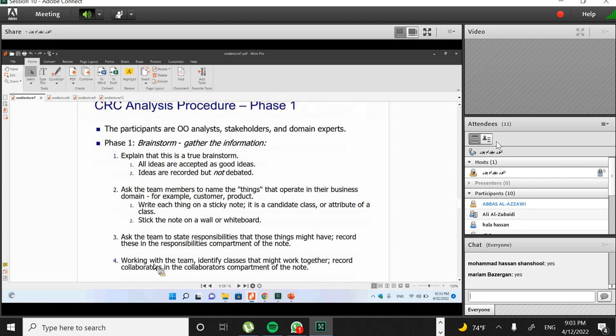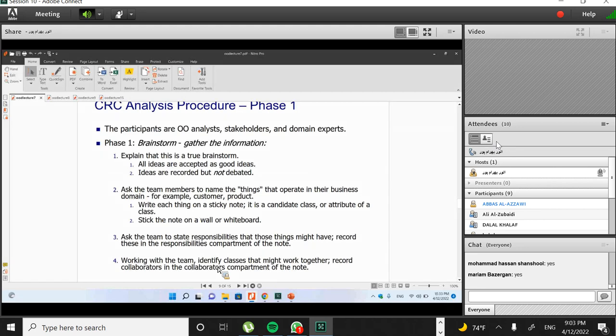So for doing this, work with the team to identify classes that might work together, and record collaborators in the collaborator compartment of the CRC card or of the note. This is the way of using CRC cards to identify analysis classes in 2 phases.